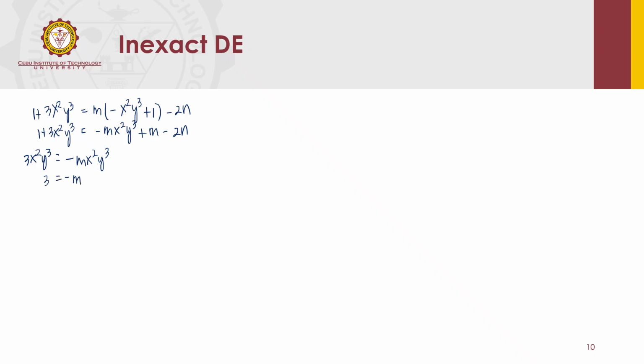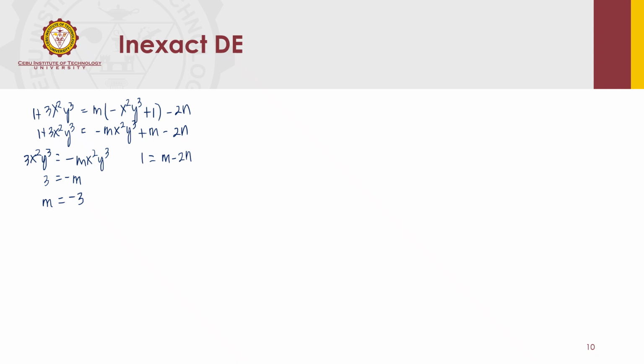Therefore, m is negative 3. For the constant part, it's 1 on the left side. The right side that we equate should not contain any variable, it's a pure constant. If there's a variable involved, then you have to double check your solutions from step one, maybe there's a mistake somewhere.